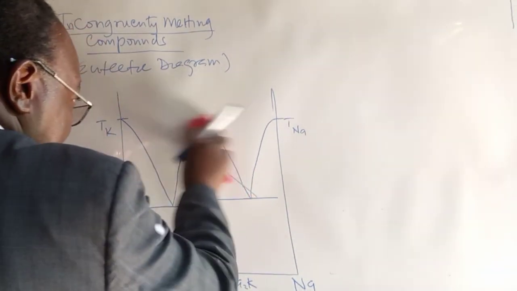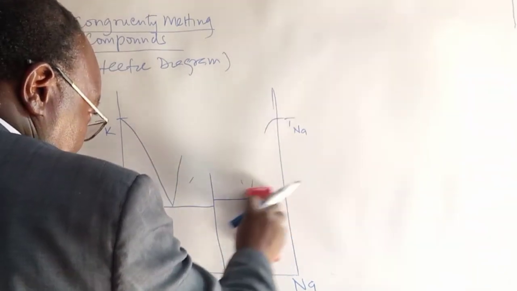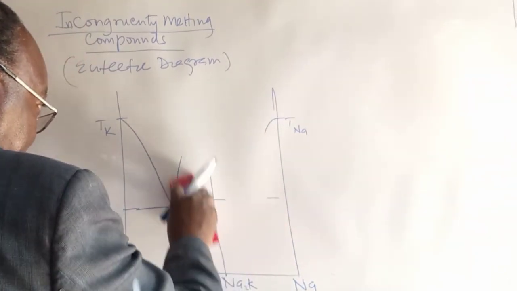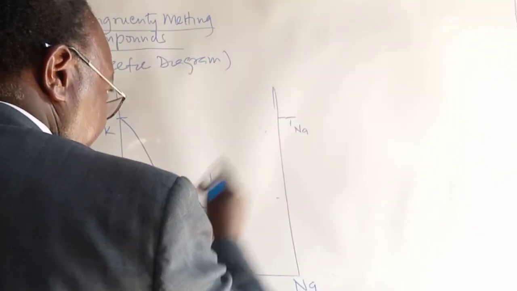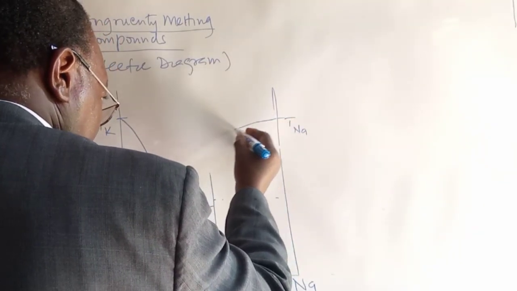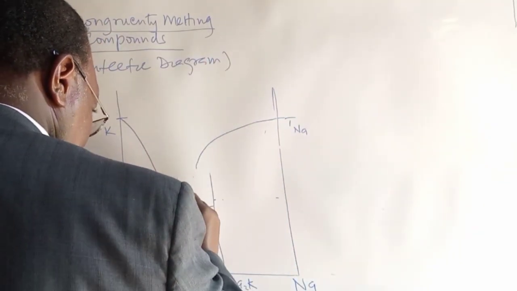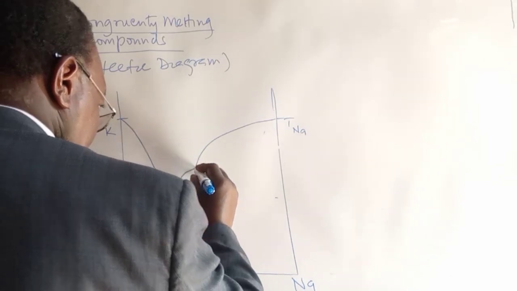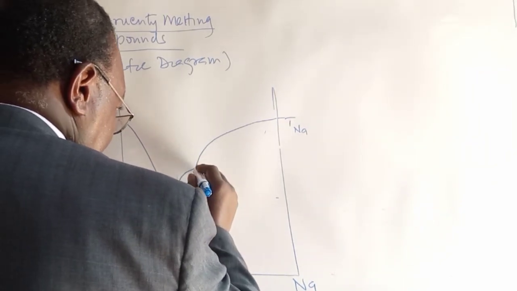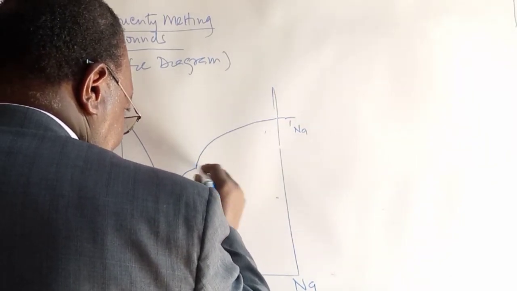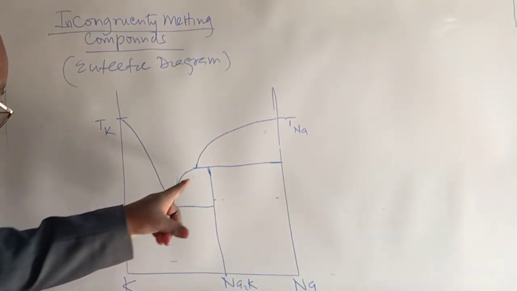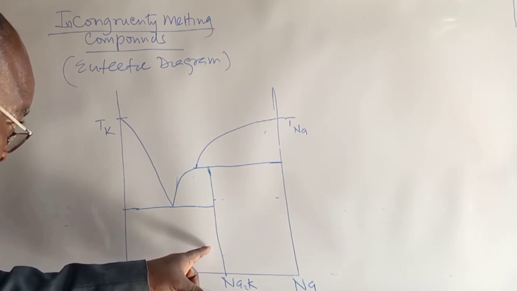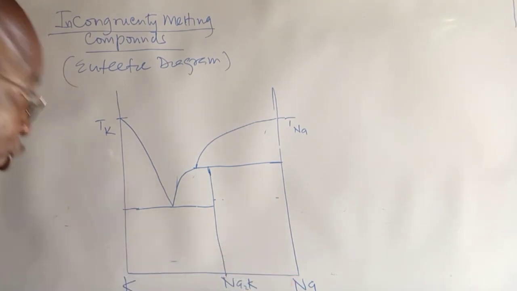What happens is very, very simple. This freezing curve intersects this curve outside the sodium matrix.